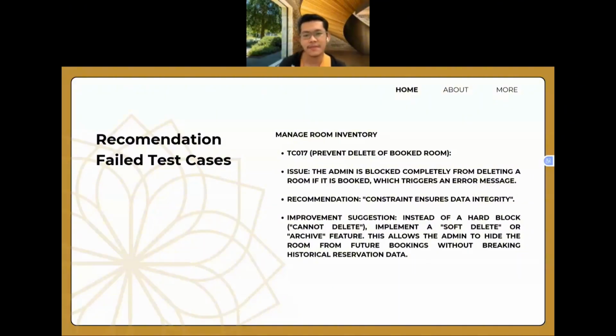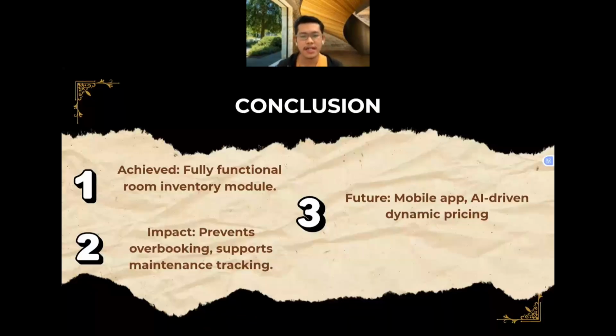Okay, next slide. Okay, finally, in conclusion, we have achieved a fully functional system to allow a hotel to manage all inventory in one place. The impact is quite a lot. We would allow a hotel to improve their profit because there would be no more manual booking, like using a book, like some hotels currently do.